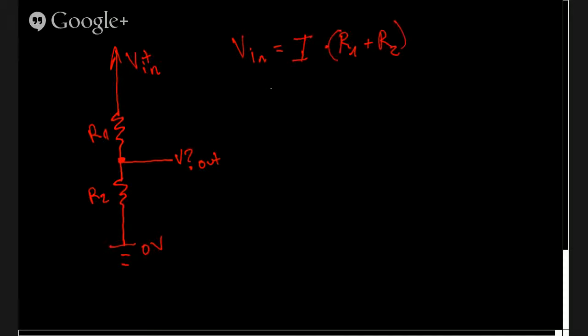And we want to get V out. It's going to be current times R2, since R2 determines the voltage here.